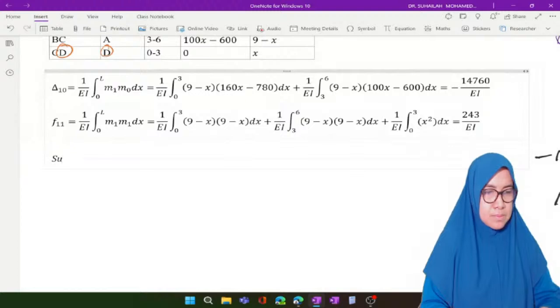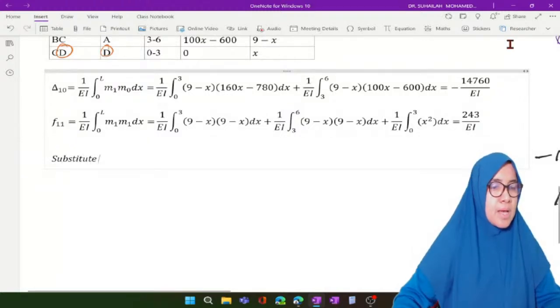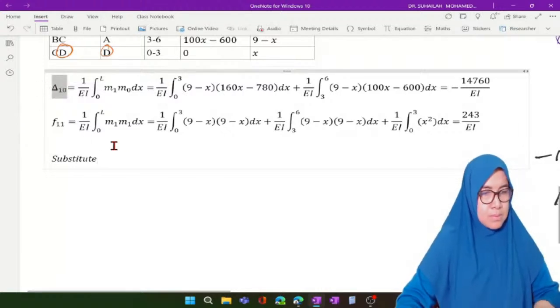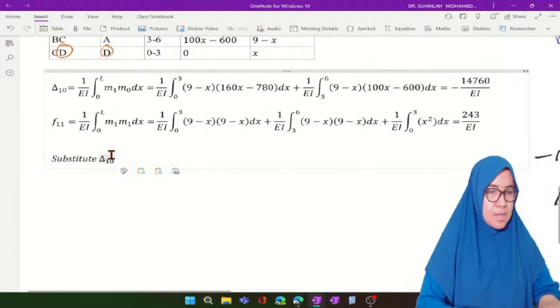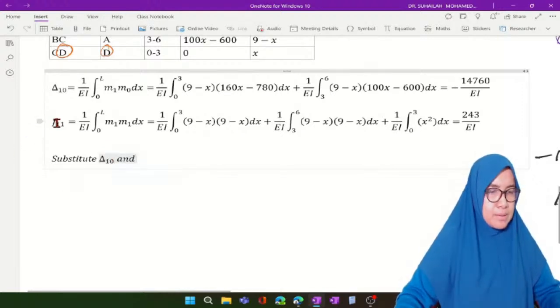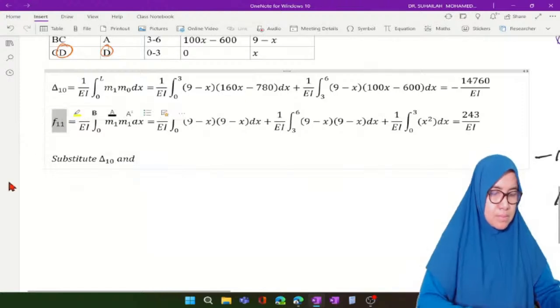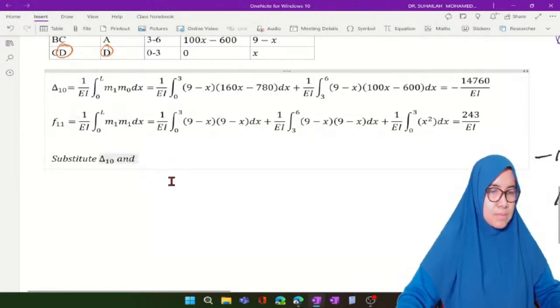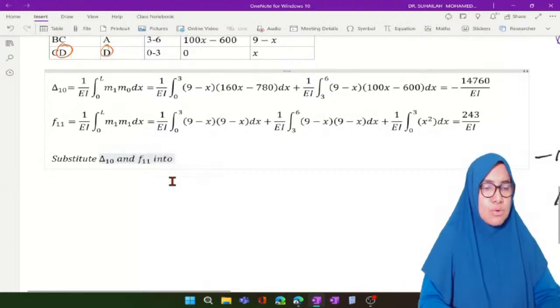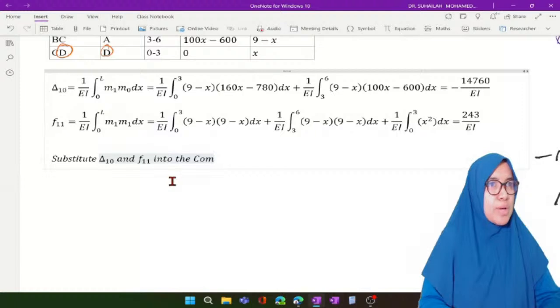Delta 1 naught and F11 into the compatibility equation.